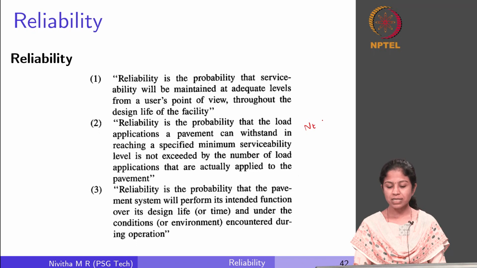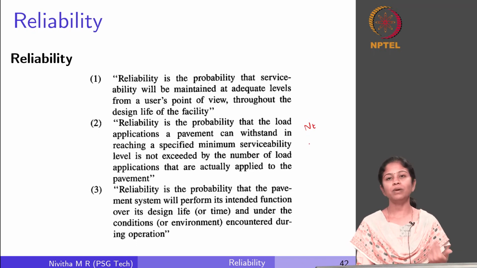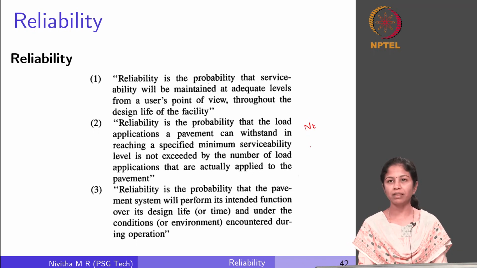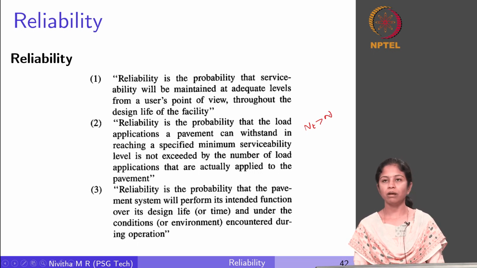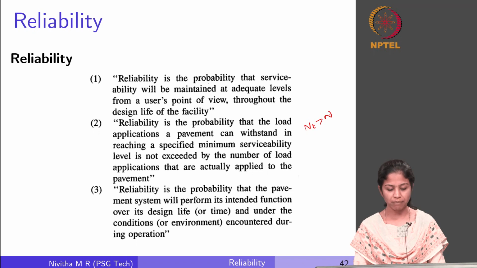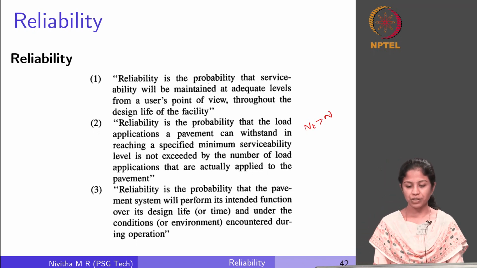So, NT should be greater than the actual number of repetitions that I observe on the pavement. This is the second definition.